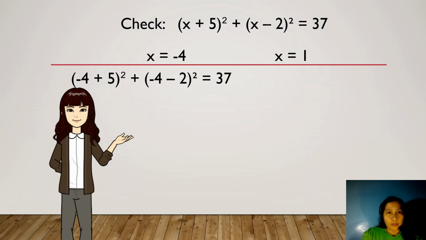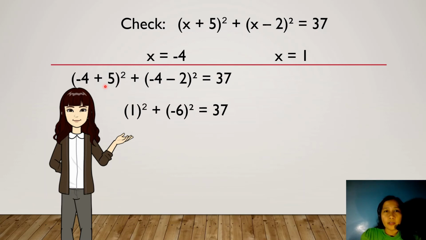So, negative 4 plus 5, quantity squared, plus negative 4 minus 2, quantity squared, is equal to 37. Did you get it, class? So we will replace x with negative 4, and then we will simplify.